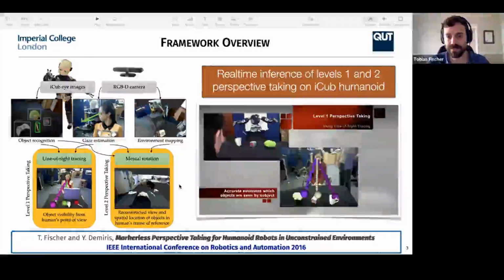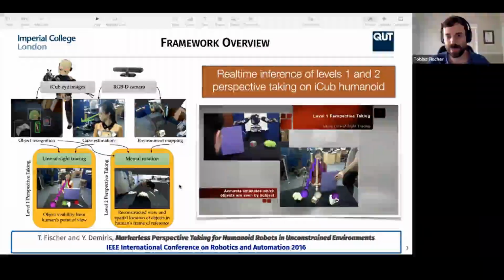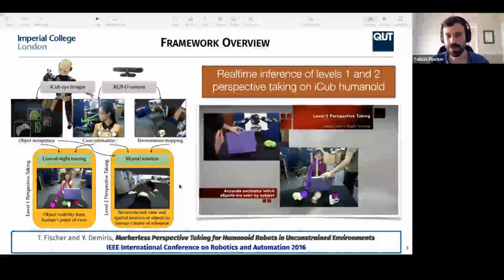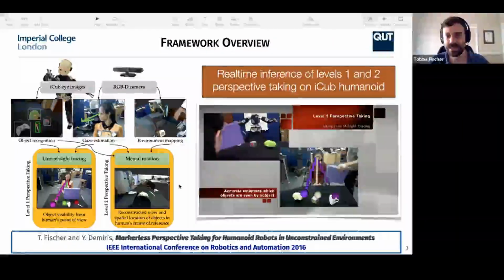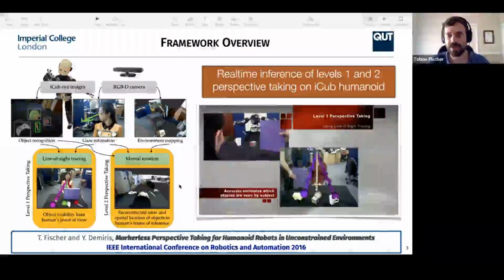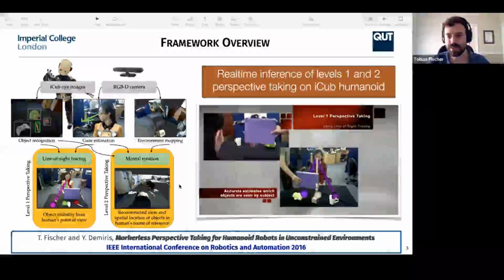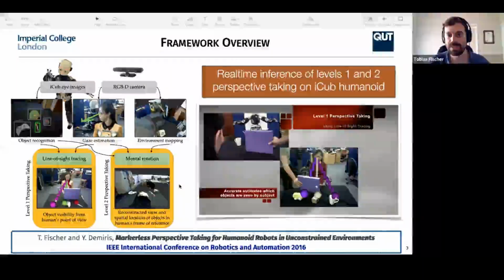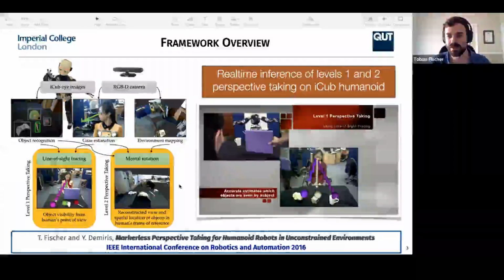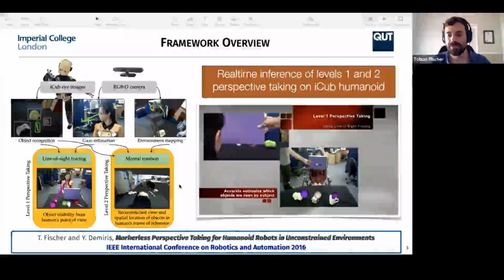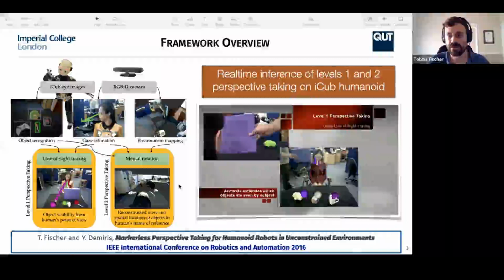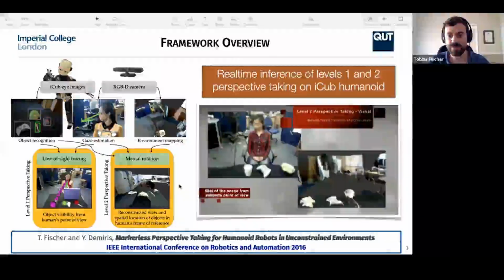So here you can see with those little bubbles, they show you whether an object can be seen or not. So it's tracing a line of sight from the human's head to each of those objects. And if the line of sight is interrupted, the robot knows that this object can't be seen. And then it takes that into consideration when interacting with the human.